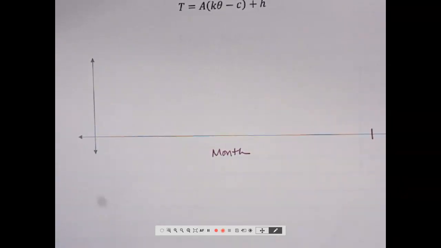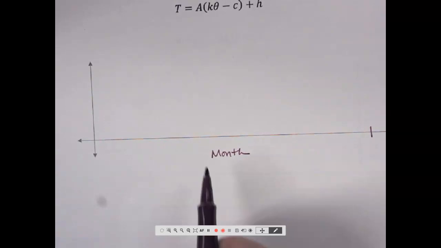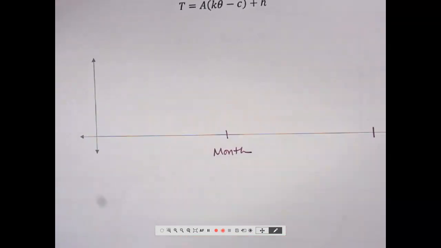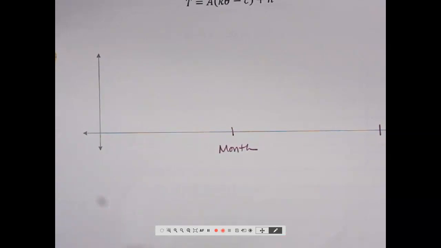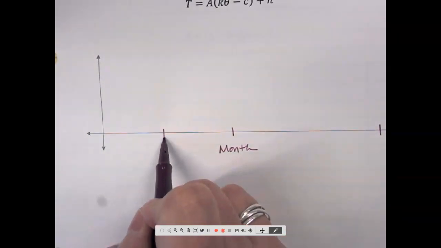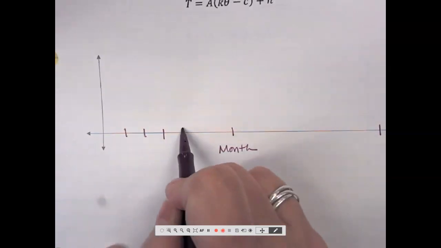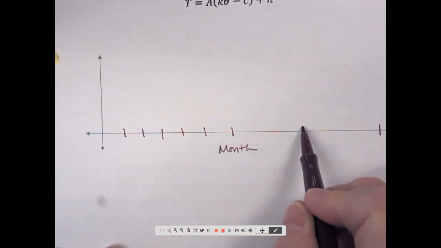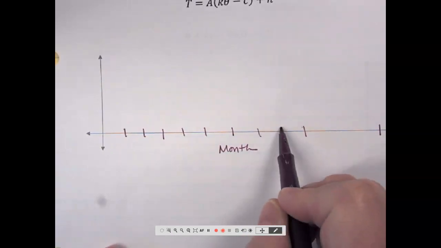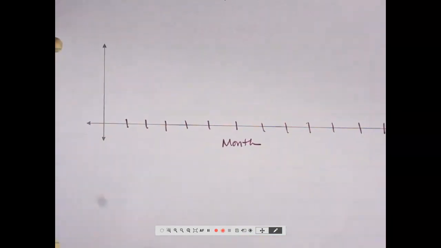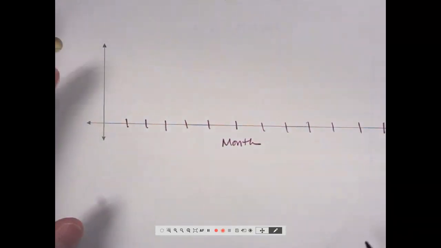And I've got to fit 11 more in there. So what I usually try to do is find the middle. That would be 6. And then the middle of that would be 3. And then I can split those evenly. Makes it a little bit easier sometimes to get 12 sort of evenly spaced little spots there.